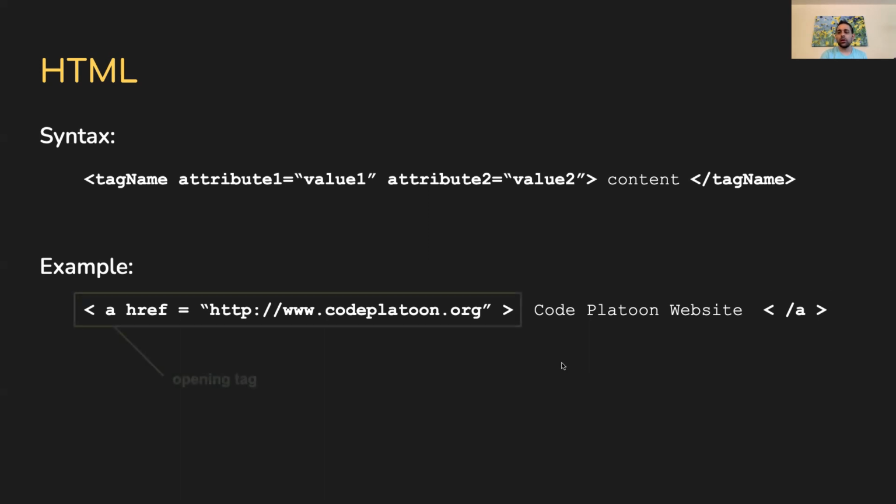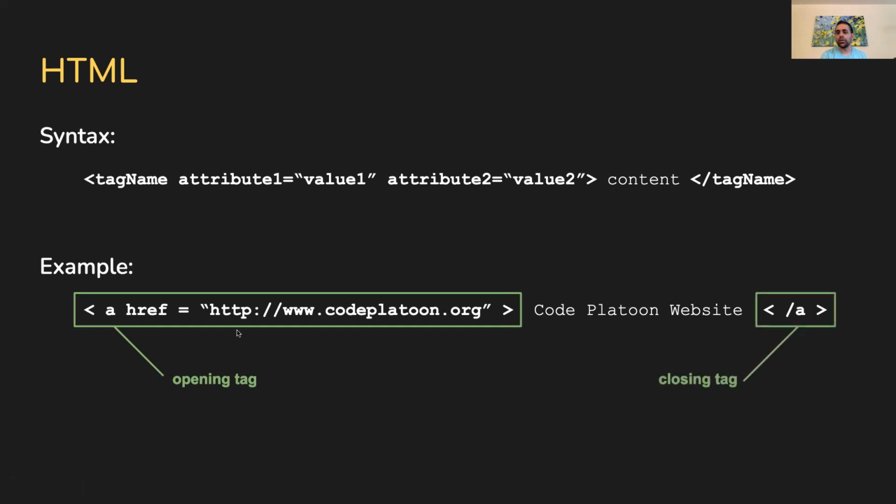Here, this entire green block is the opening tag. Everything between the opening angle bracket and the closing angle bracket, the less than and greater than brackets, is entirely one tag. That's the opening tag. Every opening tag needs a closing tag, so that's what we have at the very end. The key thing to notice here is that the name of the tag for this example is a, also known as the anchor tag, but the short form is a. So the tag name is a.